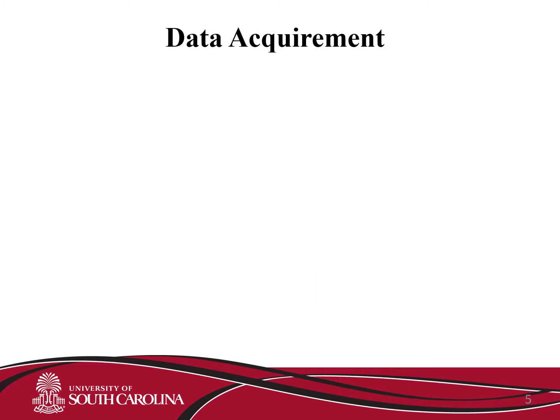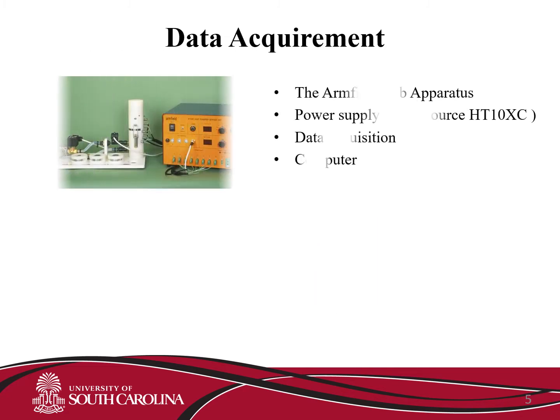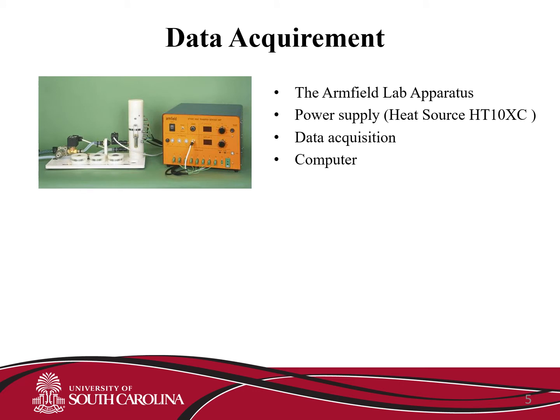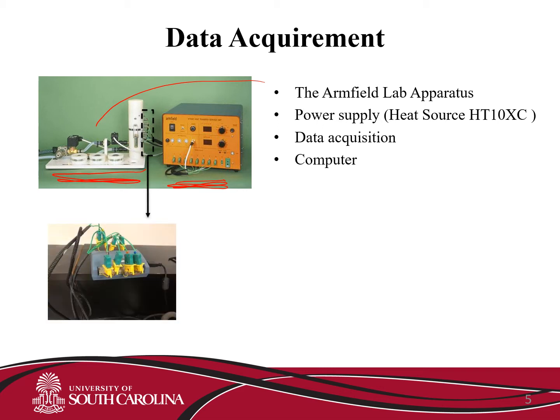For data acquisition to measure the thermal conductivity, we are using the Armfield lab apparatus. This is the Armfield apparatus with a power supply and heat source. This is the power supply; we apply power to the apparatus. The heat source is the HT10XC. After this are the thermocouples.